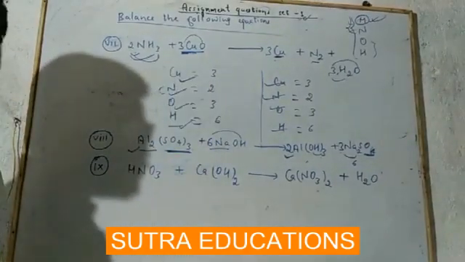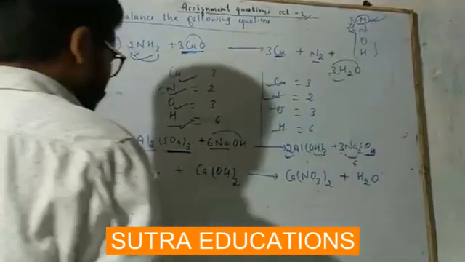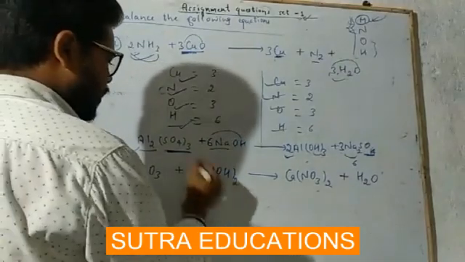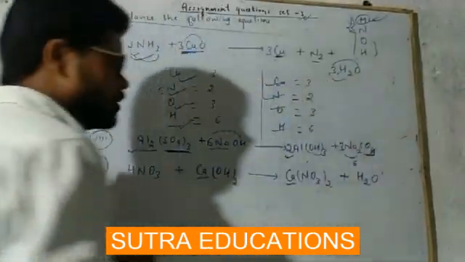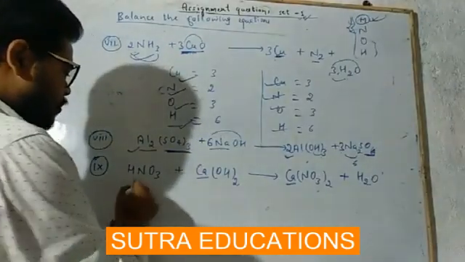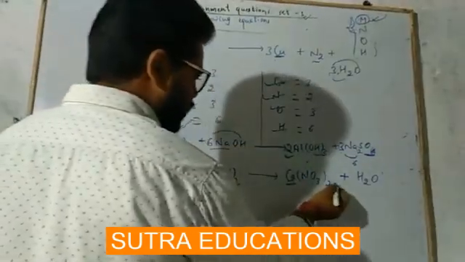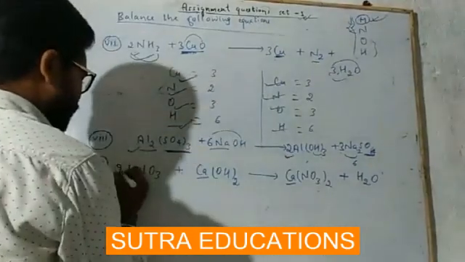Okay, so the metal here is calcium. Calcium on both sides means the metal is balanced. Then nitrogen is 1 here, nitrogen here it is 2, so multiply this by 2.